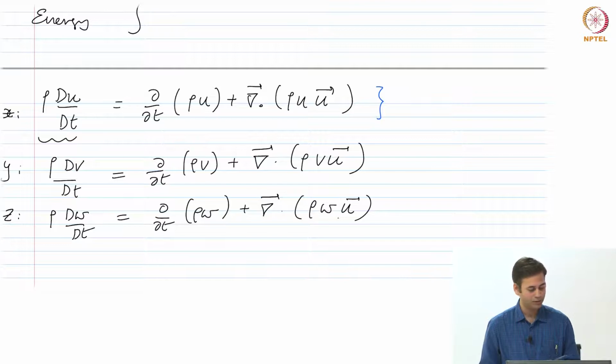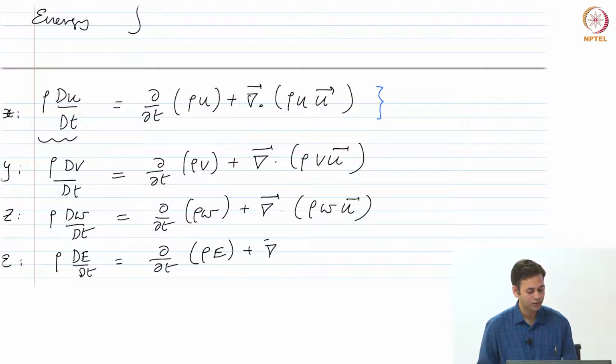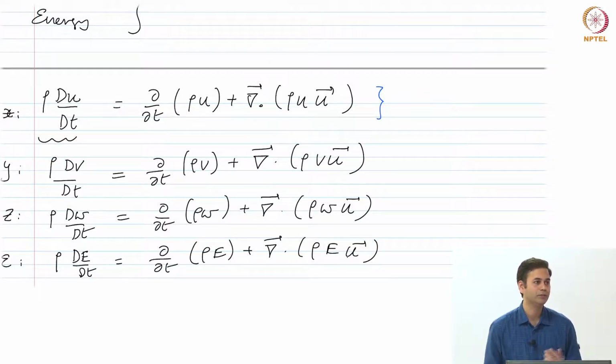That is what we have, and for the energy equation, we have rho dE/dt equals partial t of rho E plus del dot rho E u bar. So we can simply obtain the rate of change term just by replacing phi with either u, v, or w.